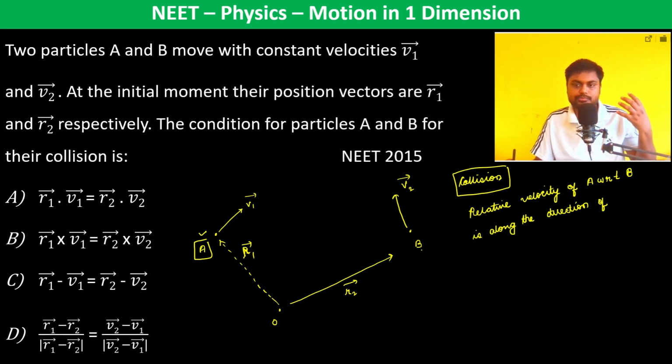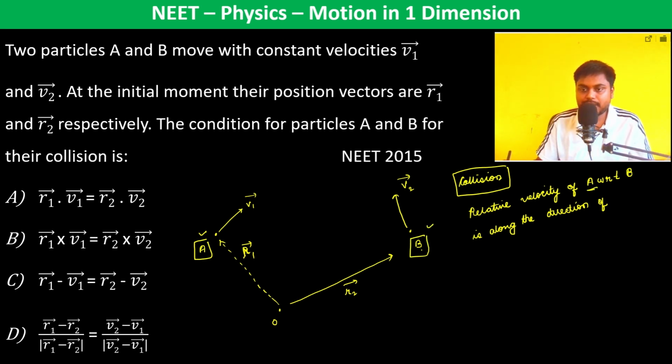Okay, so here B is going to see A. So relative velocity of A with respect to B, that means velocity of A with respect to B is equal to VA minus VB, and in this case it's V1 minus V2 vector.